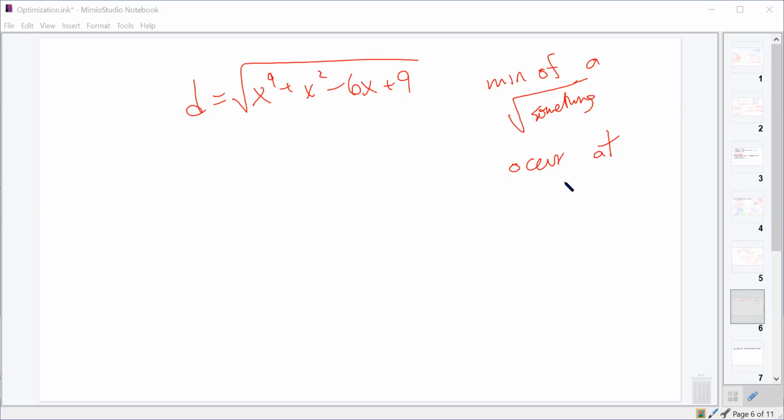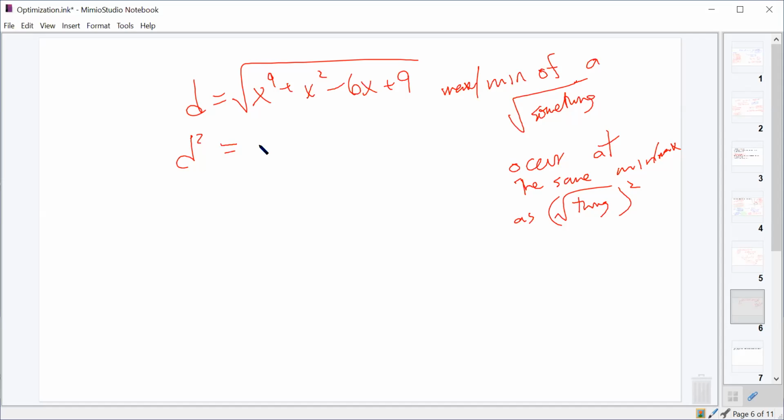So this will occur at the same min or max, we could say, as the square root of that thing squared. So if we wanted to make our lives a little easier, we could have said d squared equals x to the fourth plus x squared minus 6x plus 9. And then we could take the derivative of both sides of that.